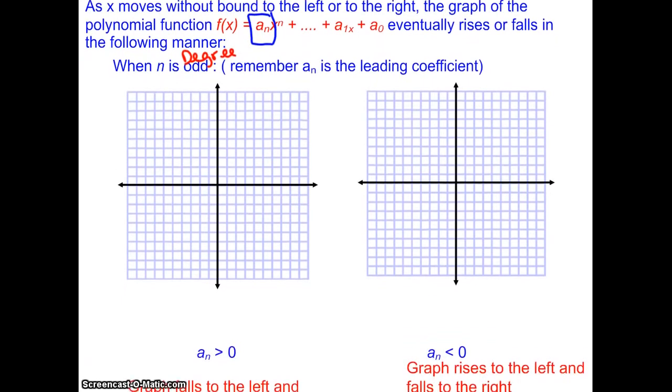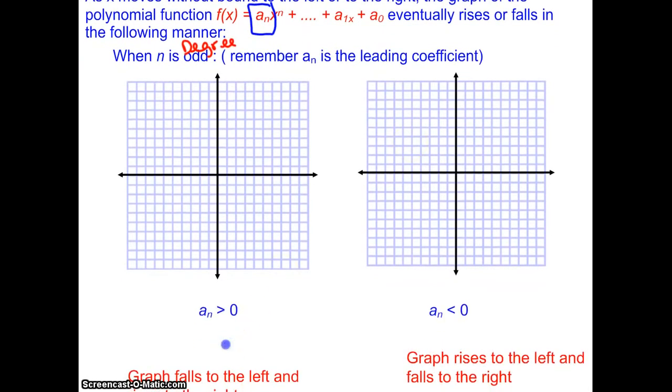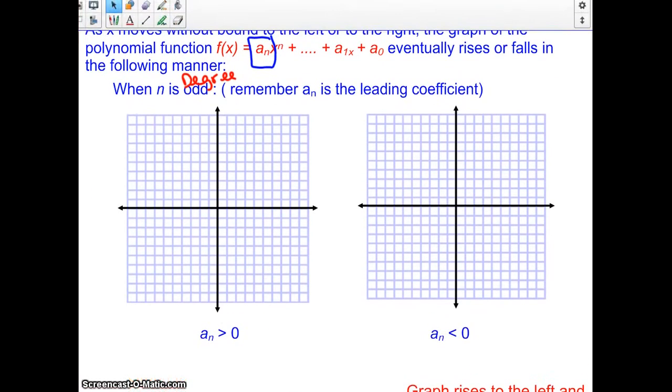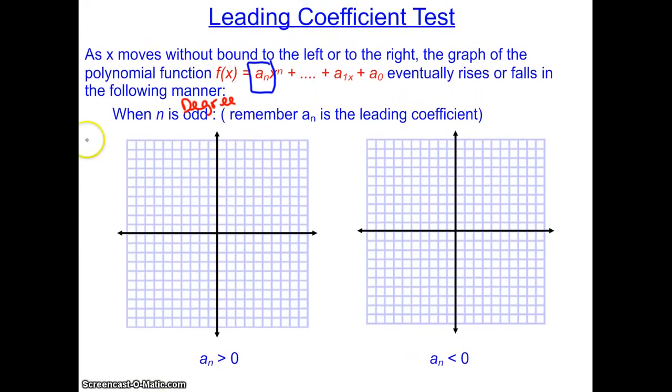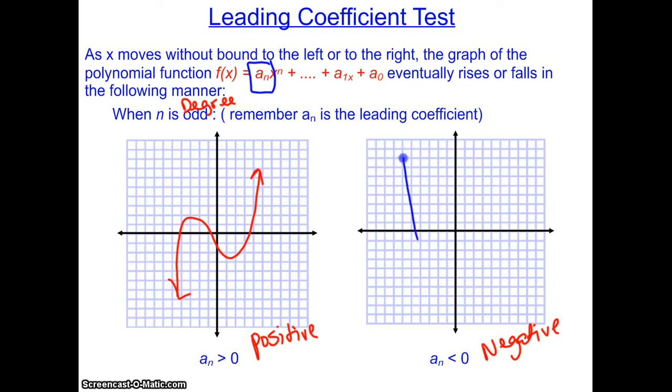Linear also. When a is greater than 0, that means positive, your graph would look like this. If a is less than 0, that's negative, then it would flip and it would look something like this. This is a quintic.